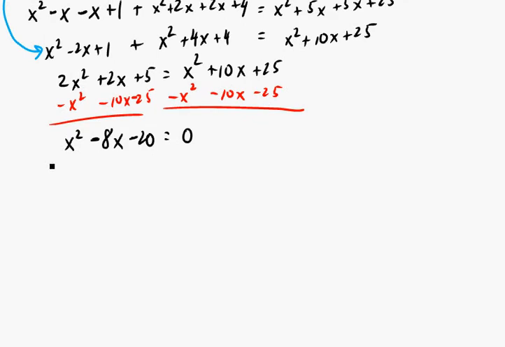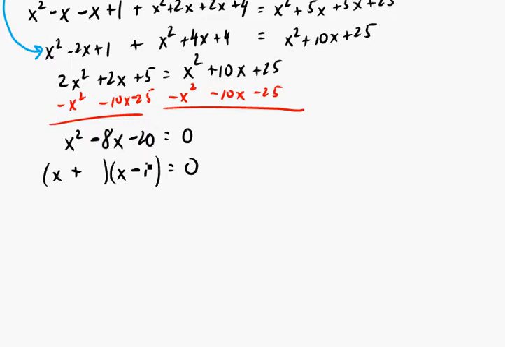Why don't we see if we can factor this? You will see that this factors into, let's see here, one of these would have to be plus and one of these would have to be minus, because a positive times a negative will give us a negative here.